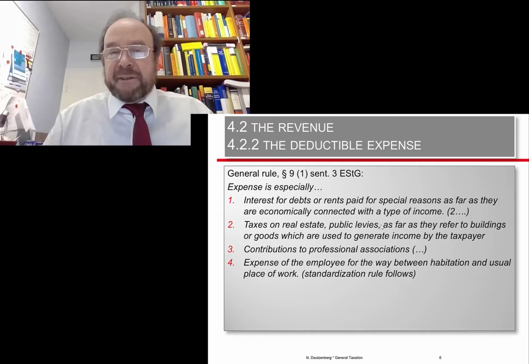Similar public levies, if the things or the occasions for which you pay them have to do with generating income, then they are incurred in order to generate income.